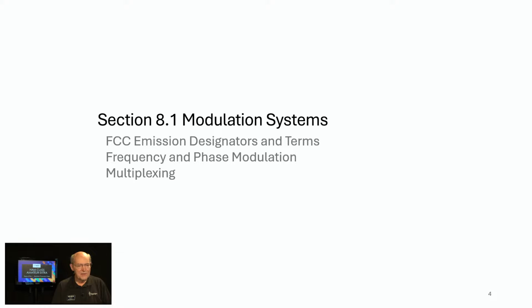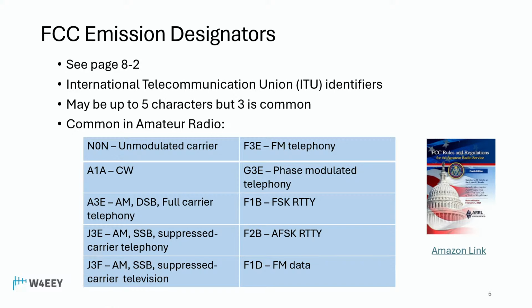So these are some of the things we're going to look at, starting off. And Kassler made some comments about some of these emission designators. These are FCC emission designators, and back in the late 60s, when I was first licensed, we had to put everything in our logbook, even test signals and CQs that weren't answered, and we had to use all of these emission designators as part of our logbook.